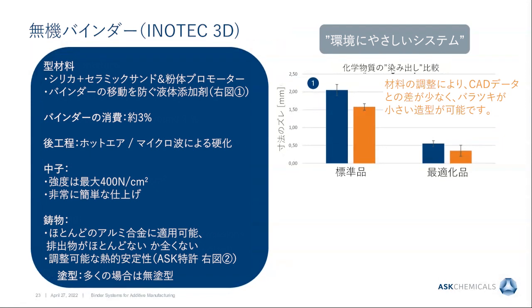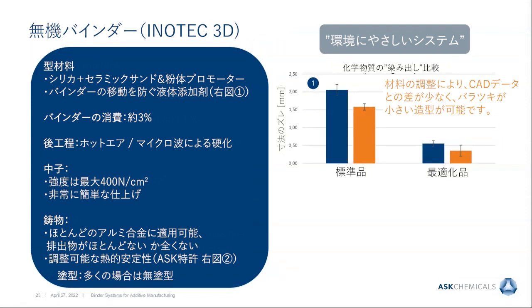The binder consumption for this system is somewhere around 3%. And similar to Novaset RP, there is a need for curing after printing. This can be done by hot air or, which is more popular, by microwave heating. The strength levels of Inutec 3D are around 400 Newton per square centimeter.